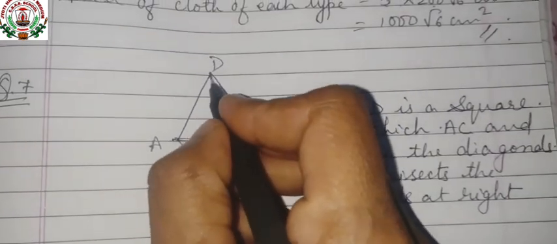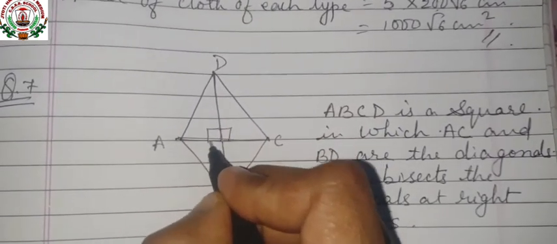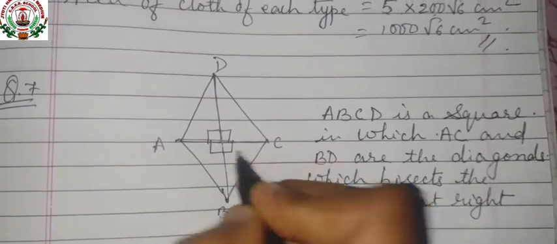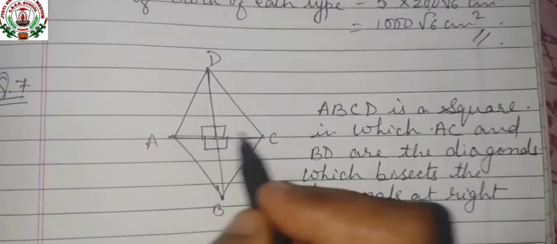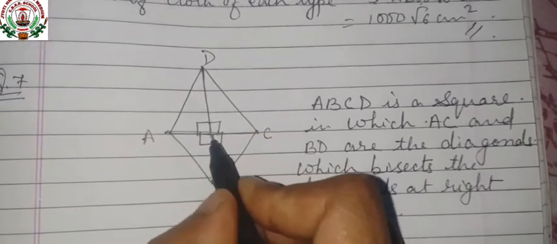That means this is a right angle triangle, this is 90 degree, this is 90 degree, this is 90 and this is 90. Properties of a square we know, the diagonals bisect each other at 90 degree.